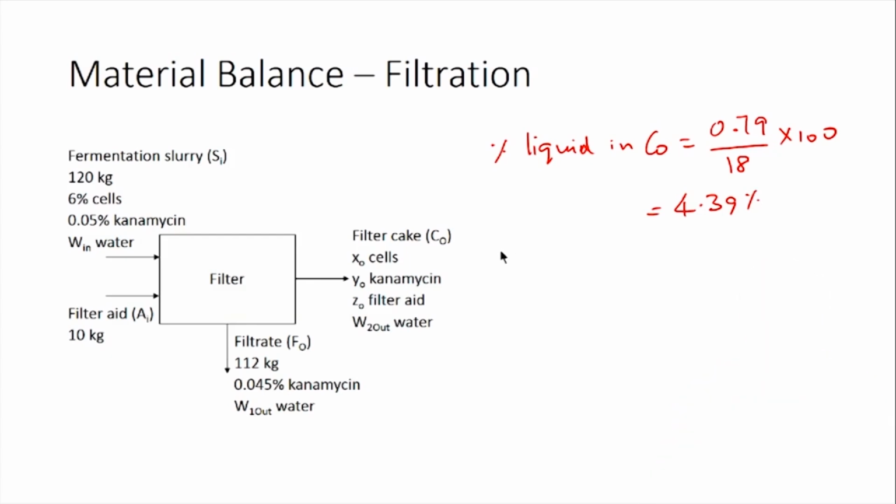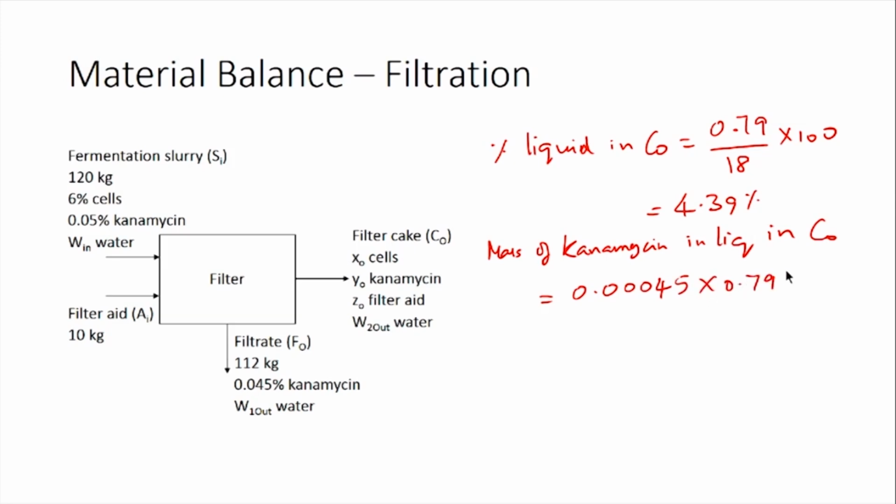Using this information, we can calculate the mass of kanamycin in the liquid present in C naught, which is the filter cake, as 0.00045 times 0.79 kilograms, which is the mass of water. So, the total mass of kanamycin leaving in the liquid is 3.6 times 10 power minus 4 kilograms.